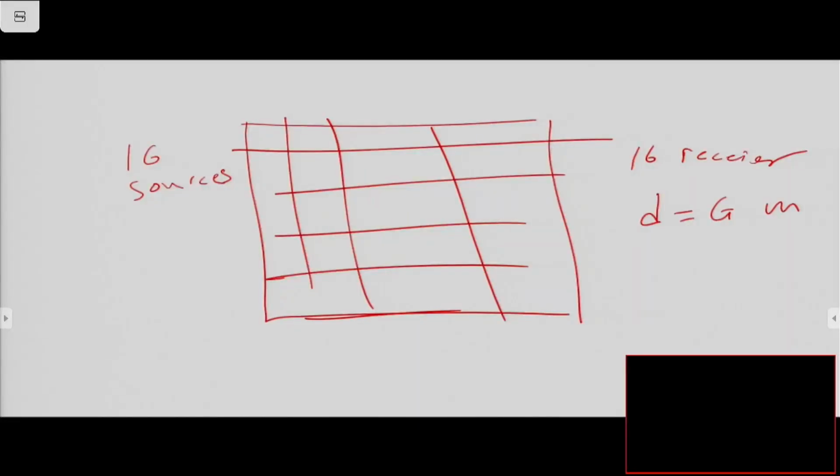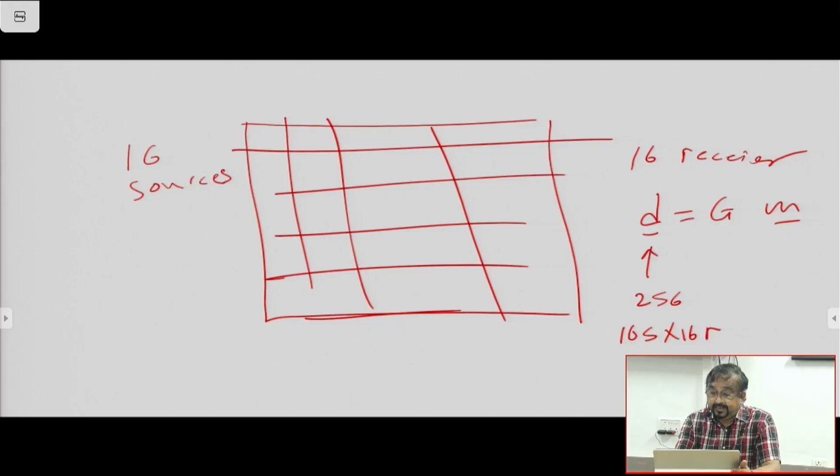So you go to d equals Gm. Then your d is 256 because you have 16 sources times 16 receivers, right? And n is basically 256 because we have a 16 by 16 grid, right?